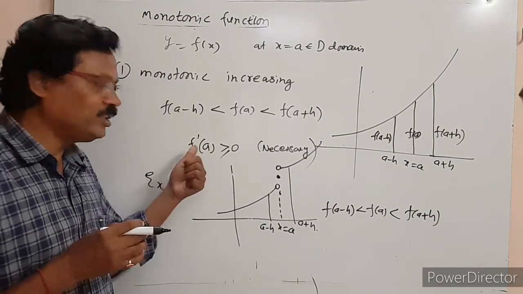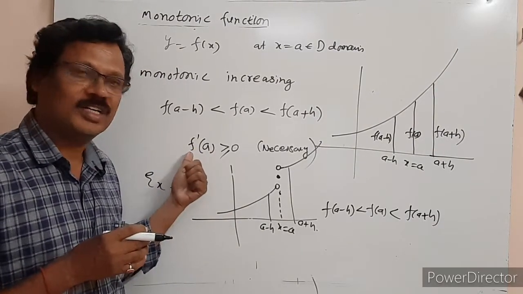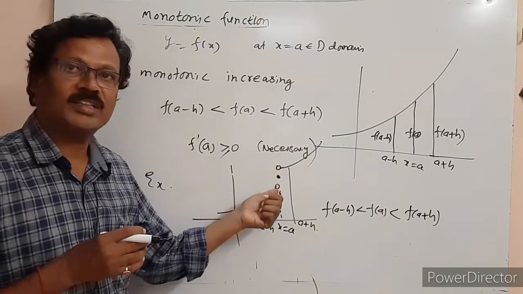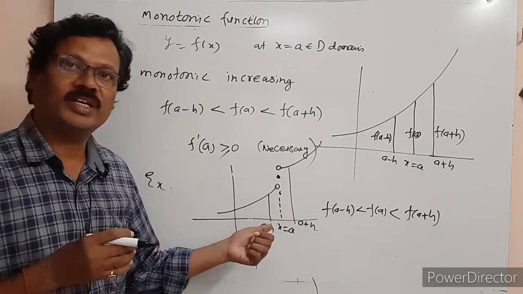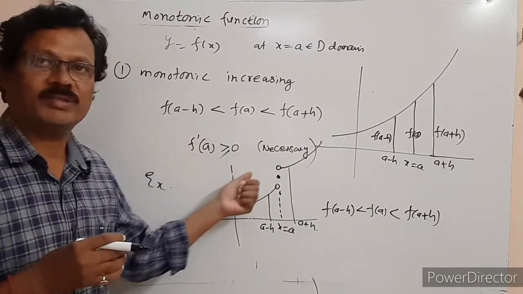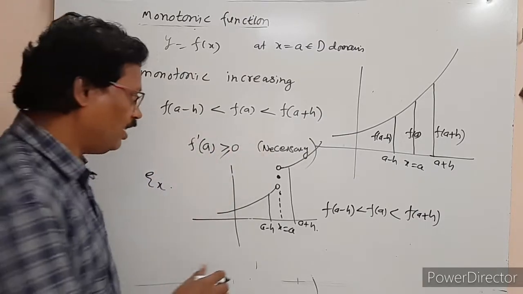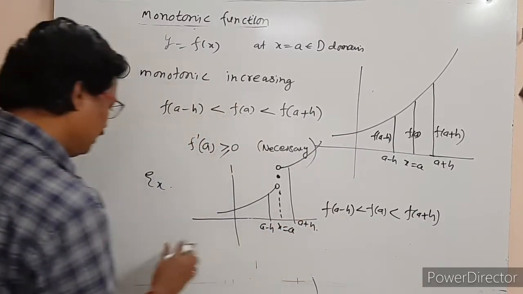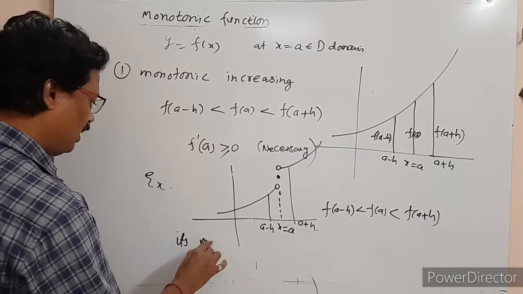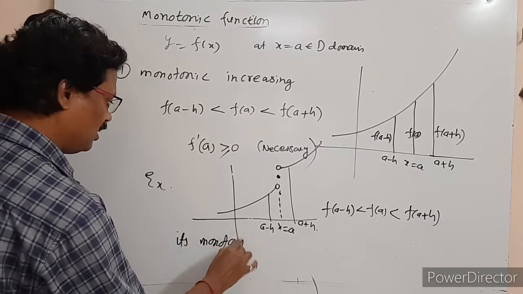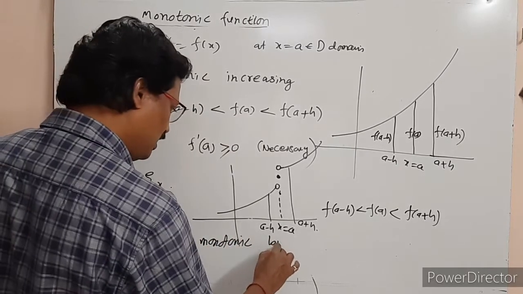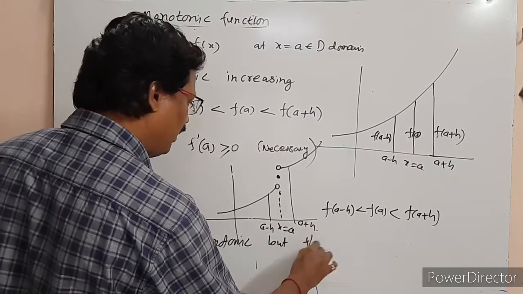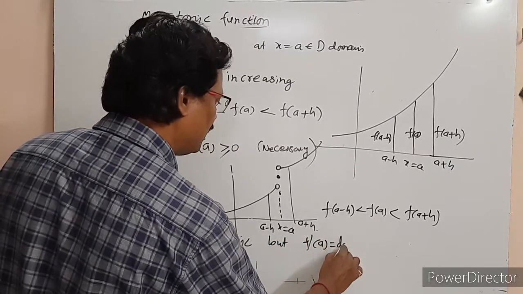Now this condition can be written here, f dash a. Why? Because here there is a break in the graph at x equal to a, that's why we can't find the derivative. But here it is monotonically increasing, it's monotonic, but f dash a does not exist.